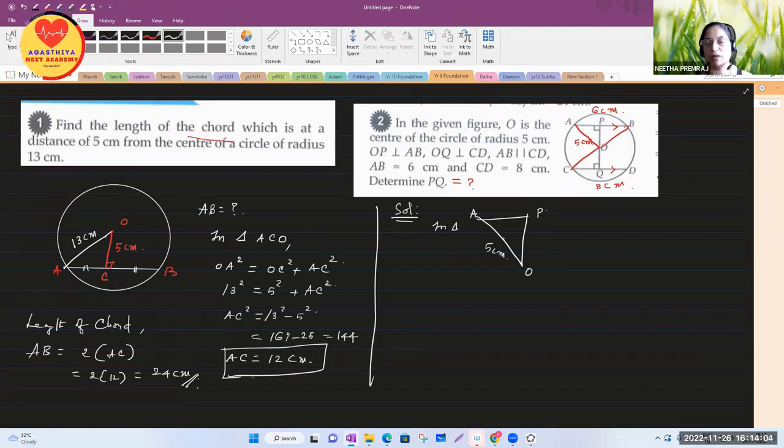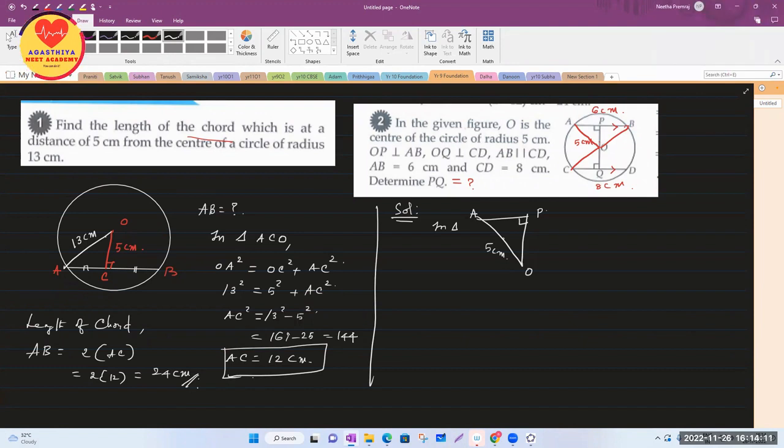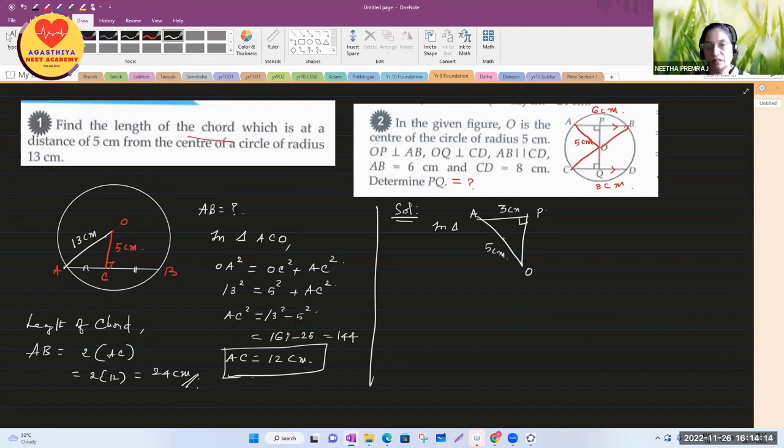AP is what? Who can say? 3 centimeter. Very good. So by applying Pythagoras theorem, you could find OP, isn't it? Similarly, in triangle CQO, this is again 5 centimeter.